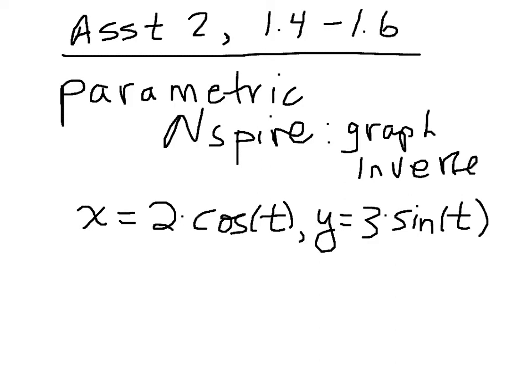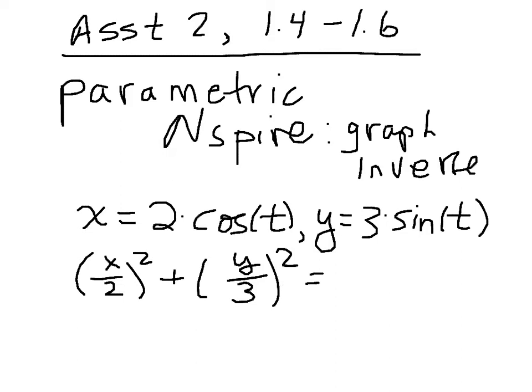Notice that because t goes from 0 to 2 pi, there is a beginning and an end and a direction implied in that graph. You should also be able to algebraically show that this equation is equivalent to this, and therefore its shape should be an ellipse.